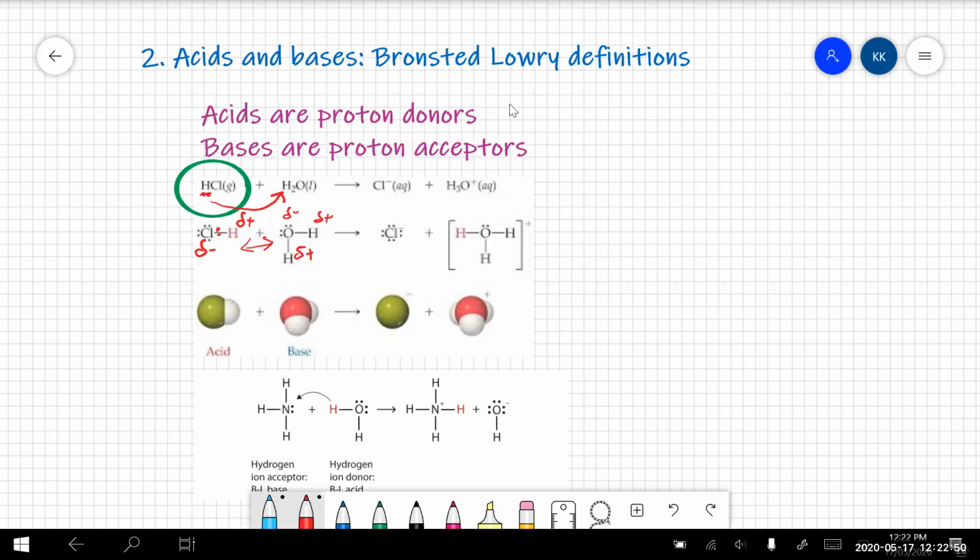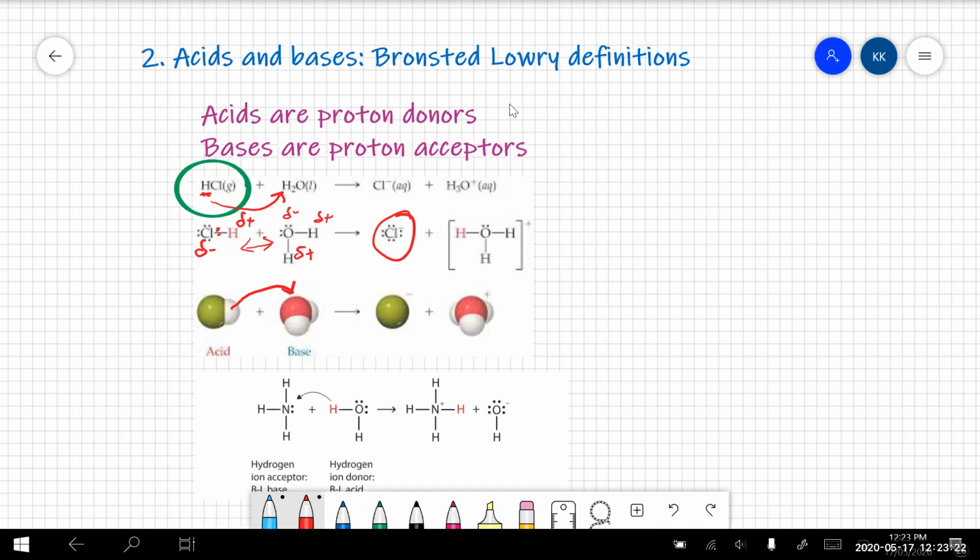The hydrogen comes across as H+. It doesn't take its original electron with it. Its original electron stays with the chloride ion, and we form the hydronium ion. So here we have an acid: the HCl has donated this hydrogen ion to the water molecule, and the water molecule has accepted it. So HCl is the acid and H2O is the base in this equation.